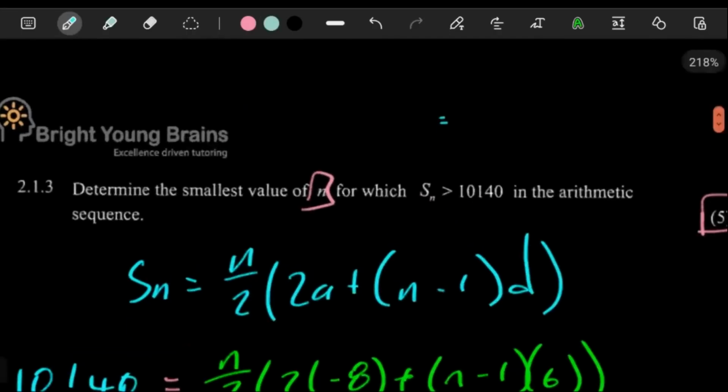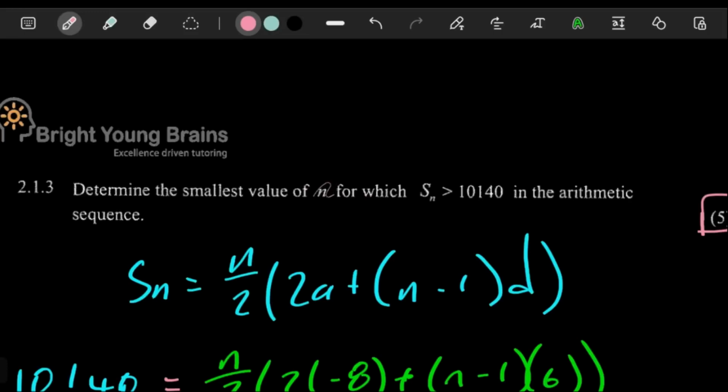So they said, what is the smallest value of n for which the sum of those terms will be bigger than this number? So if 60 terms gives you exactly this number, it means just 1 after 60 terms is 61. So 61 terms is what you need to add up for you to at least get something bigger than this.